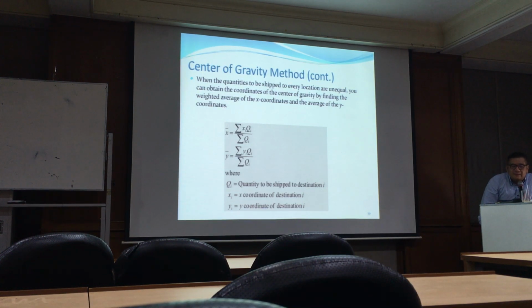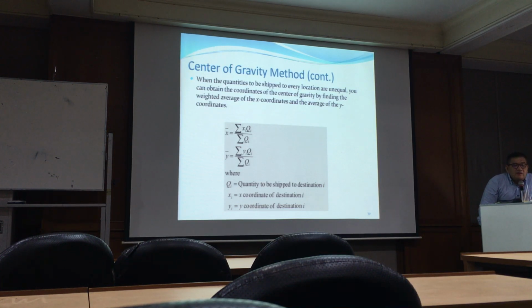Instead of just summing up all the x coordinates or y coordinates, since you deliver the product to each destination unequally, you multiply the x coordinate by the quantity for that destination, sum up all destinations, and divide it by the total quantity that you're going to deliver.